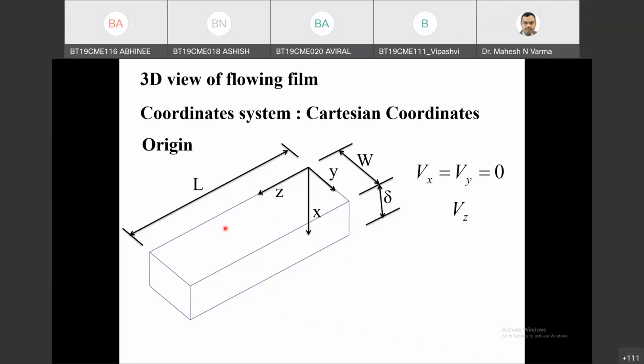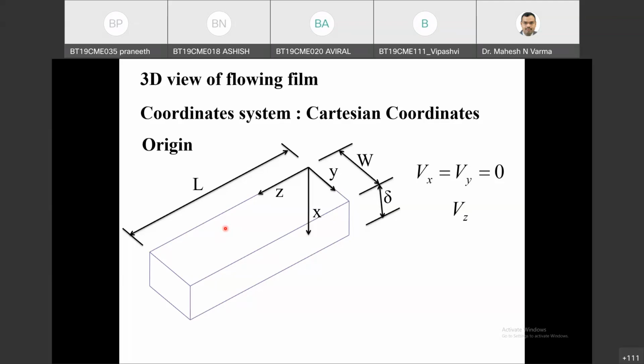Roll number 35, Pranit, tell me. You got the point: Vx equals 0, there is no velocity in the x direction, no velocity in the y direction, and velocity only in the z direction. Now Vz may vary.